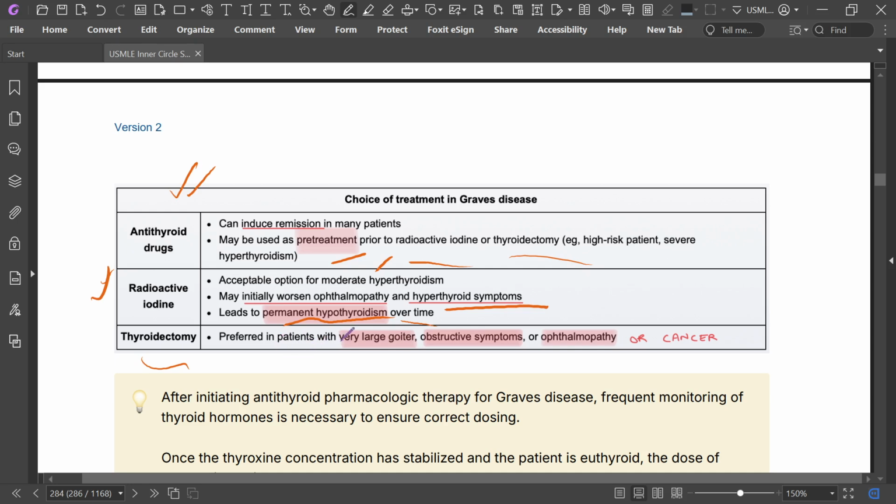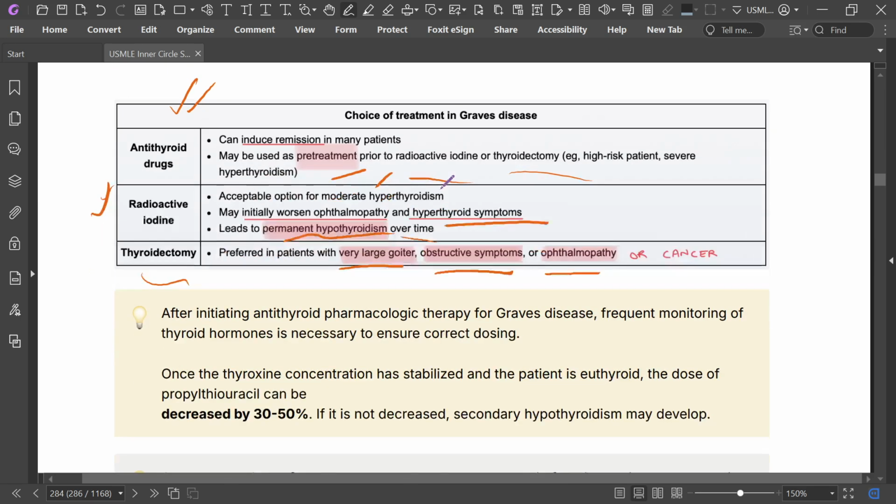Thyroidectomy is preferred in patients with very large goiter, obstructive symptoms, ophthalmopathy or cancer.